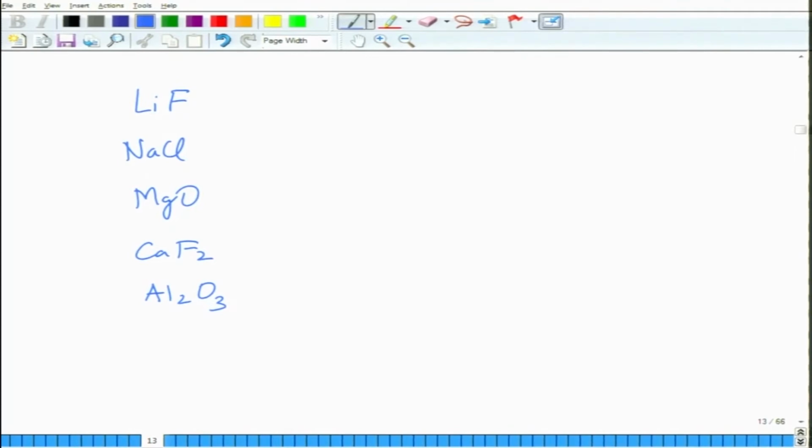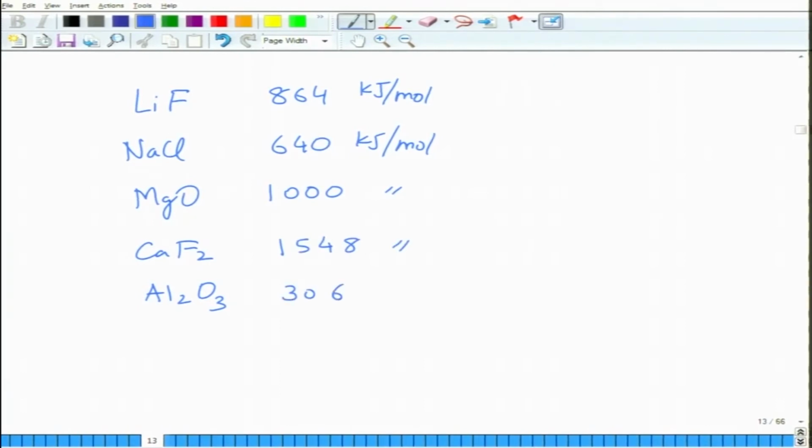Now, this bond energy is related to the enthalpy of atomization. If I take the values, this is for example 864 kilojoule per mole. On the other hand, the value for NaCl is 640 kilojoule per mole. Magnesium oxide has a value which is 1000, calcium fluoride has a value of 1548, and aluminum oxide has a value of 3060.